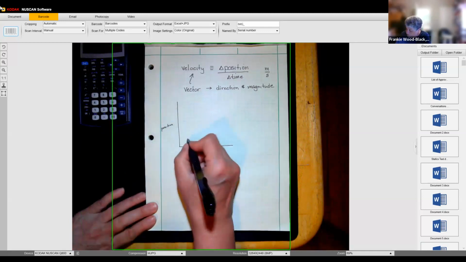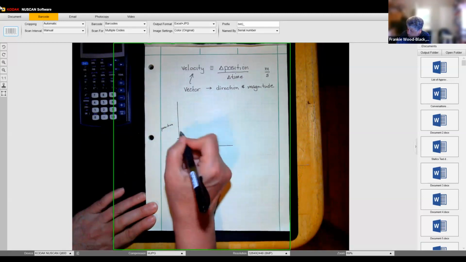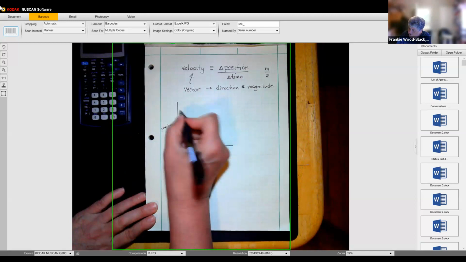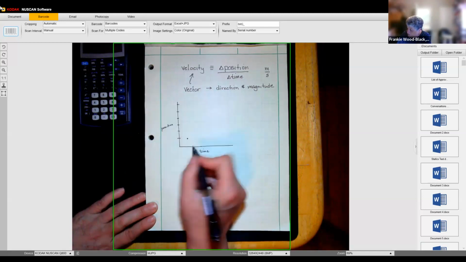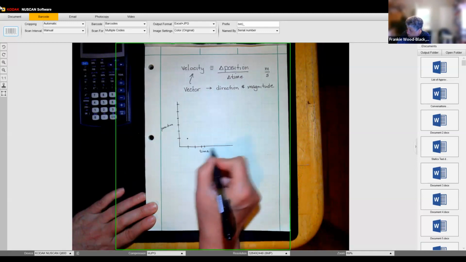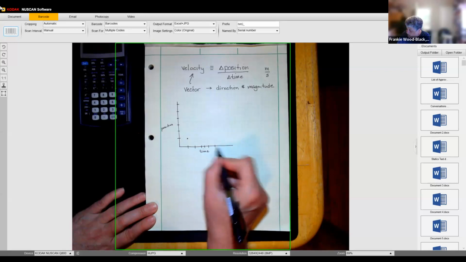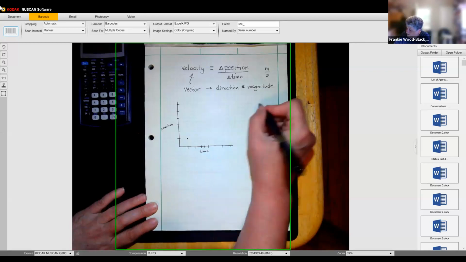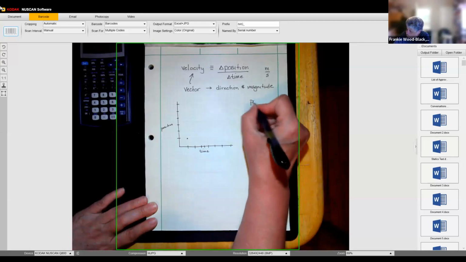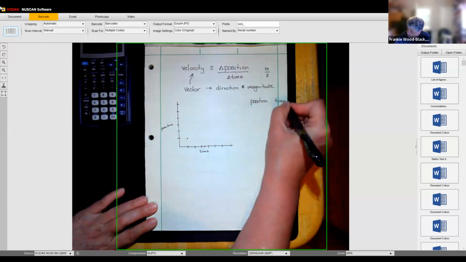So if I do a plot of position versus time, we're going to give ourselves a scale here. Now, since I do open note, open resource, if you are given a set of data, and we're going to give ourselves a set of data, we're going to give ourselves position, and we're going to give ourselves time.